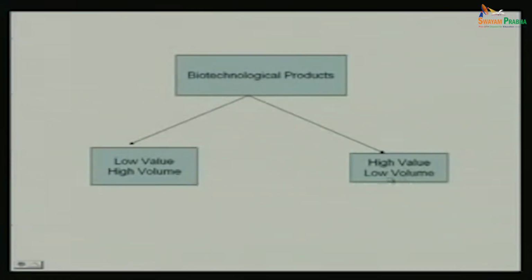Taxol is a secondary metabolite which is produced in a very low quantity, in the tune of microgram level, and it is present in the plant cell. If we want to go for the production of such a product, obviously we are adopting a process for handling a huge quantity of biomass.